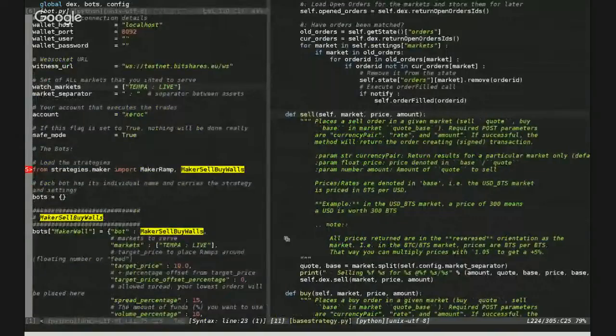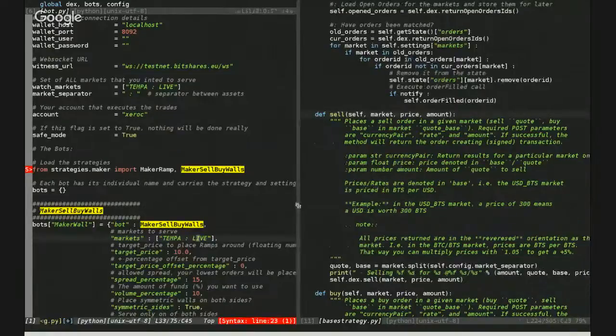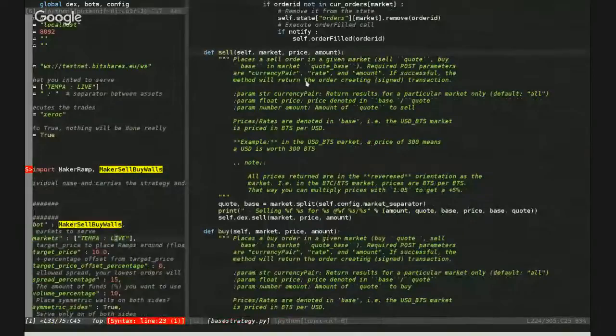We sell in that market, at a given price, the price is a float defined as live per temp A, and the amount of quote we actually want to buy, that would be temp A. Well, it looks a little awkward, but this is how Poloniex is actually doing it from the syntax style of things. And then there's just some reporting that we are actually putting something into the DEX.